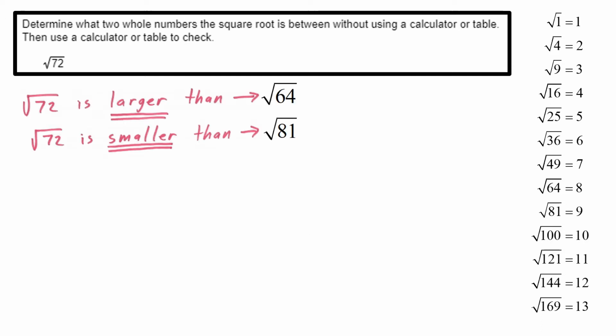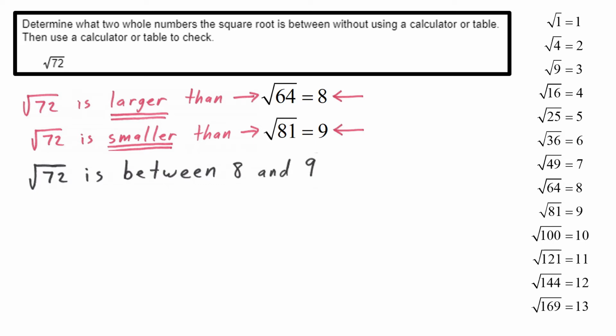So if the square root of 72 is larger than the square root of 64 and smaller than the square root of 81, then the square root of 72 must lie between these two square roots. Since these two square roots simplify to 8 and 9, the square root of 72 must be between 8 and 9. And this is our answer.